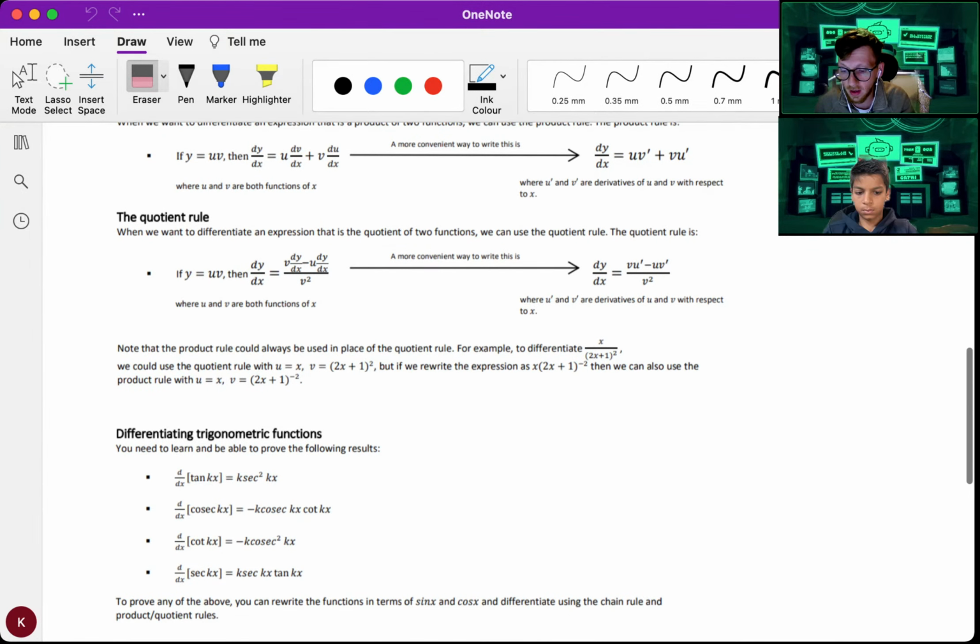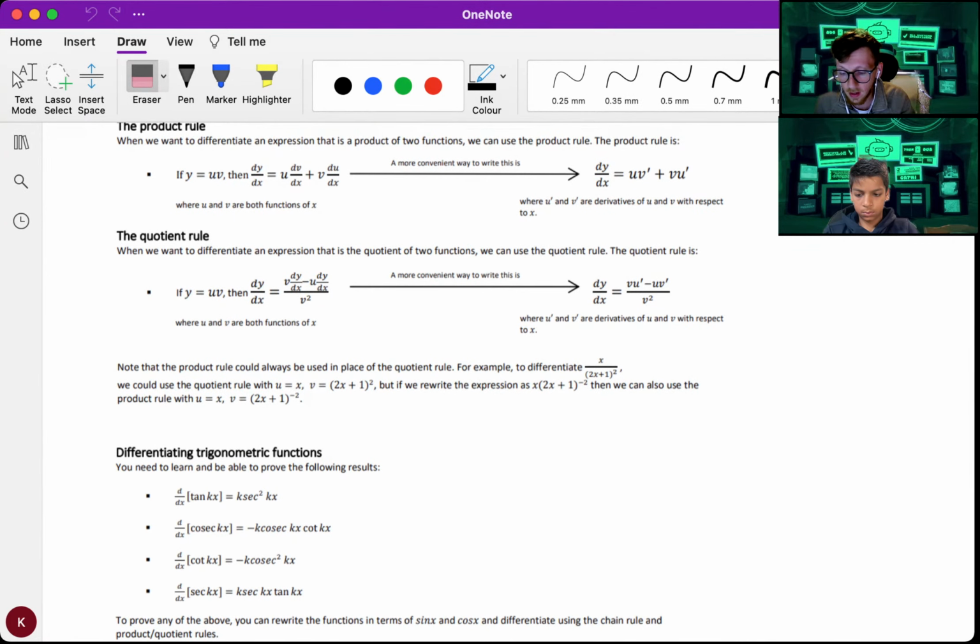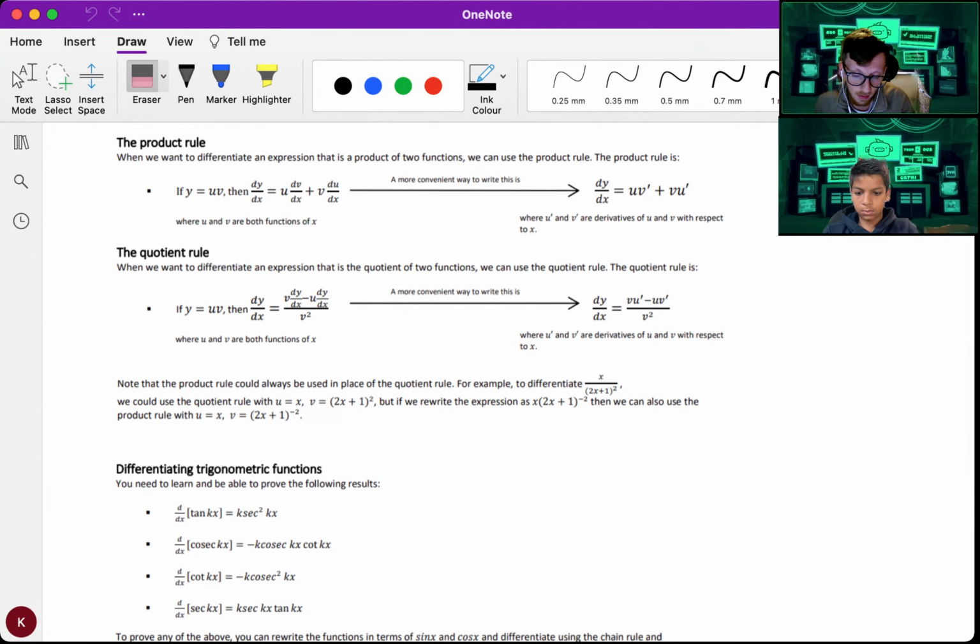A more convenient way to write that is u v prime, or v dash, plus v u prime. Now, Cordelia, in the product rule, does it matter which function is u and which function is v? No, because uv is the same as vu.